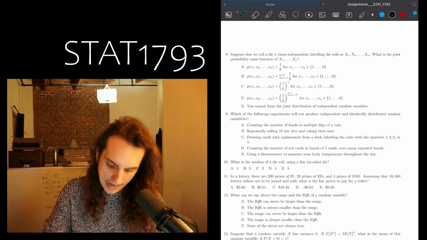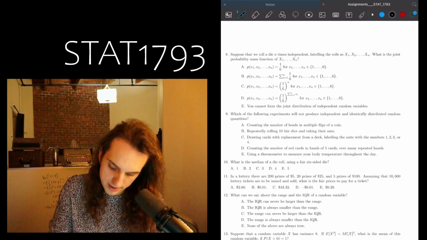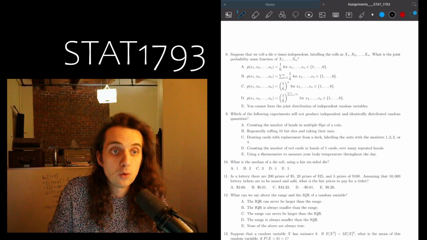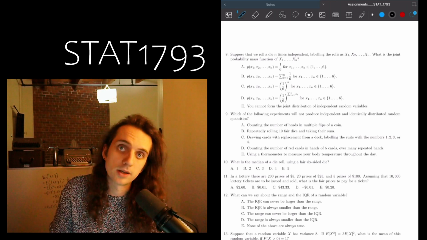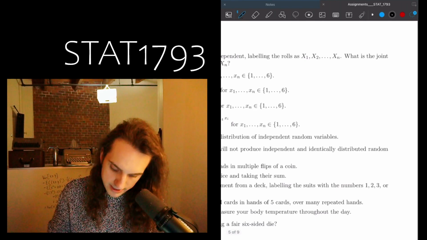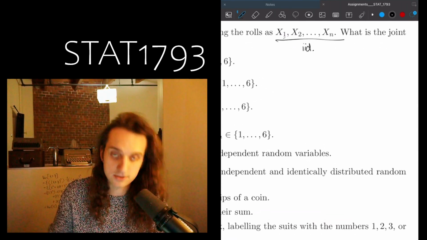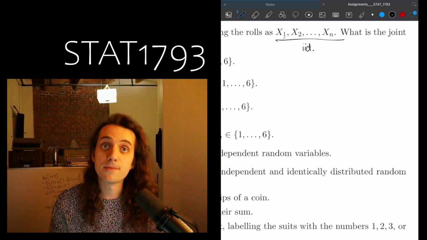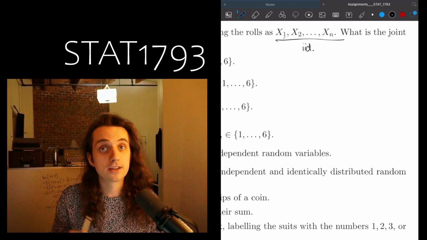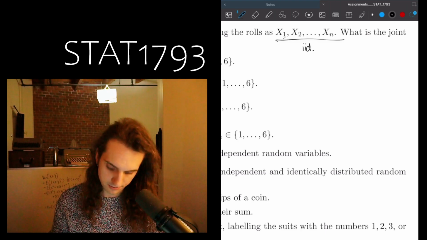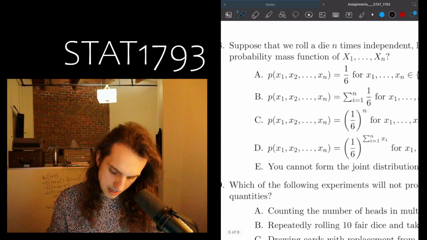Suppose that we roll a die n times, labeling the rolls x1, x2, up to xn. What is the joint probability mass function of x1 through xn? So the thing to note here is that these are going to be IID, right? They're independent and identically distributed. Every single one of them has the same distribution. Every single one of them is going to be independent of one another. And we're rolling a die.